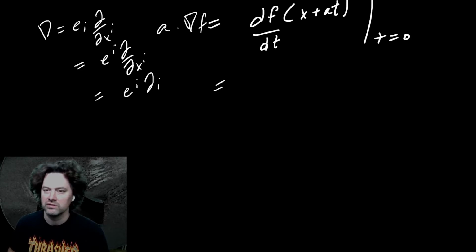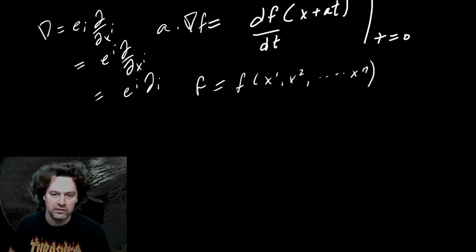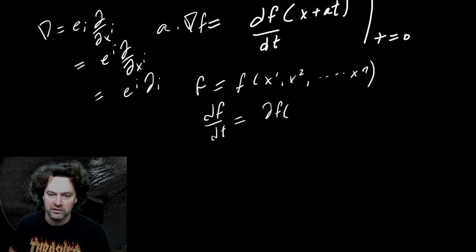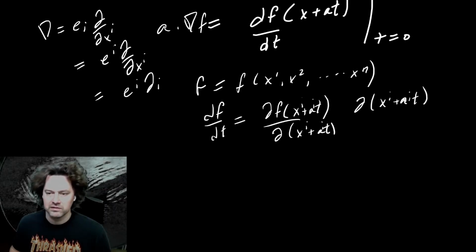So if we evaluate this derivative, f is a function of x1, x2 to xn, and so df dt by chain rule is df d of xi plus ai t, that's just a scalar derivative times the differential d dt of xi plus ai t.